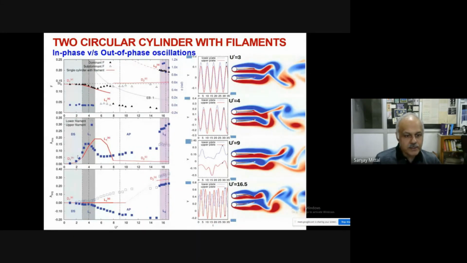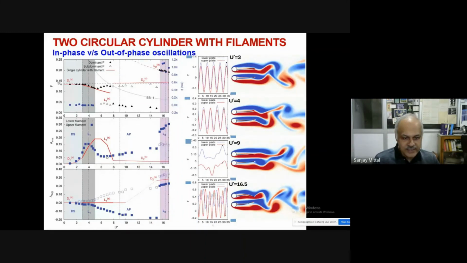So the lower filament is, so they mostly have similar amplitudes, but you can see there is a small difference at larger U star. So there are these different regions of lock-in, and shown in the red line is if you have a single cylinder with a filament versus two cylinders with a filament each.